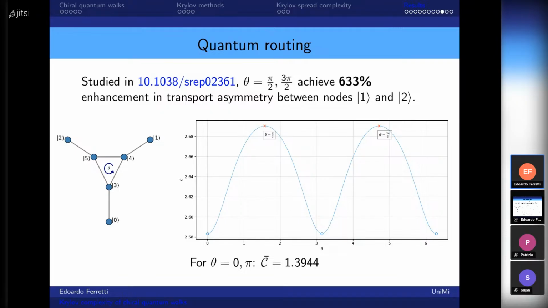Of course, you cannot do otherwise unless you go to open systems, where you put wells in these nodes, so that when the walker goes there, it captures it. But if the evolution is unitary, it will always oscillate between 1 and 2.